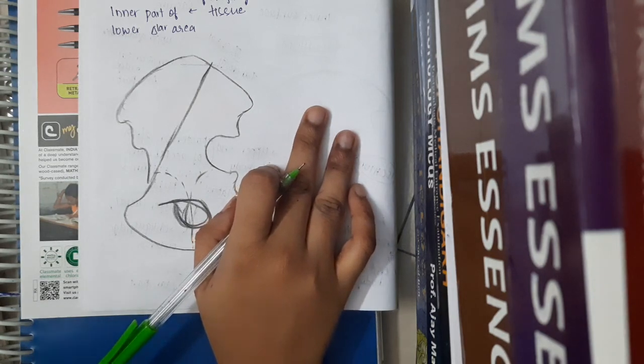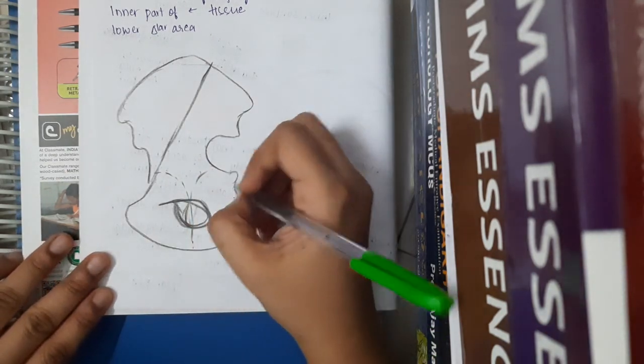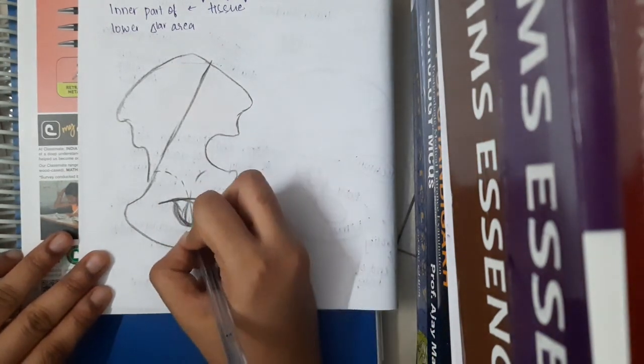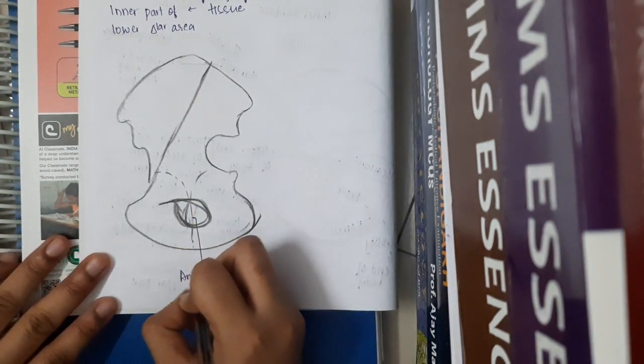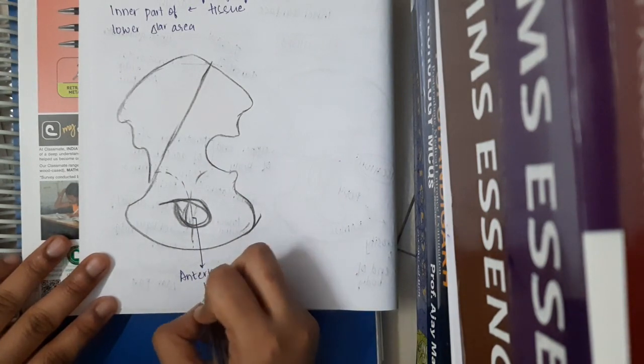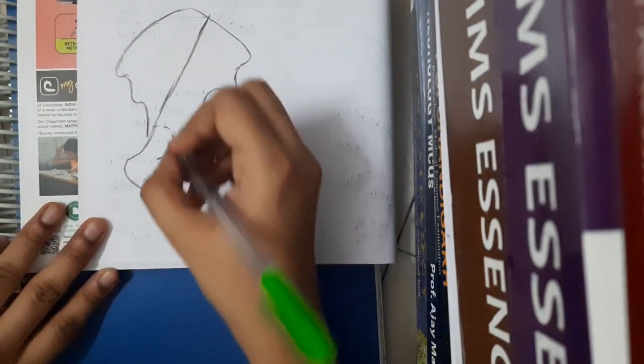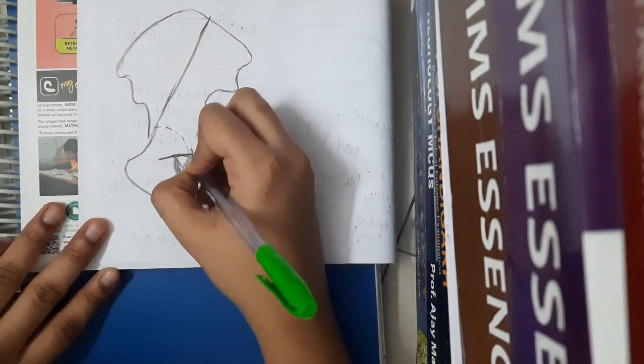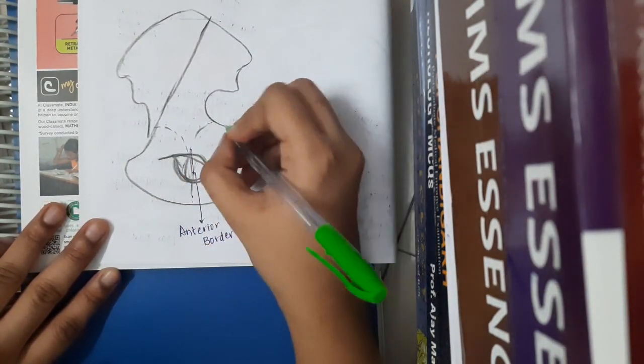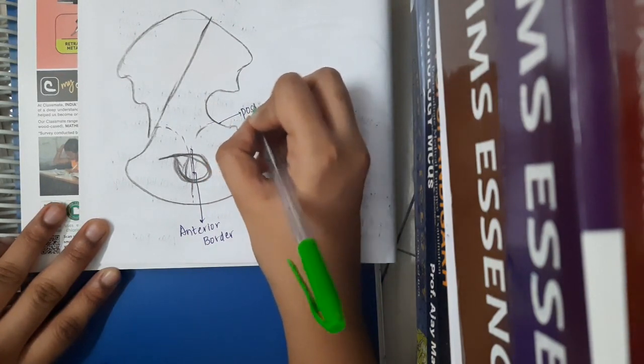Then we have the posterior border also. This is the posterior border, this is the anterior border.